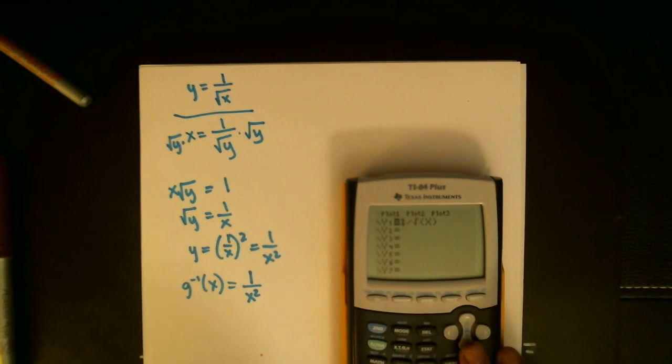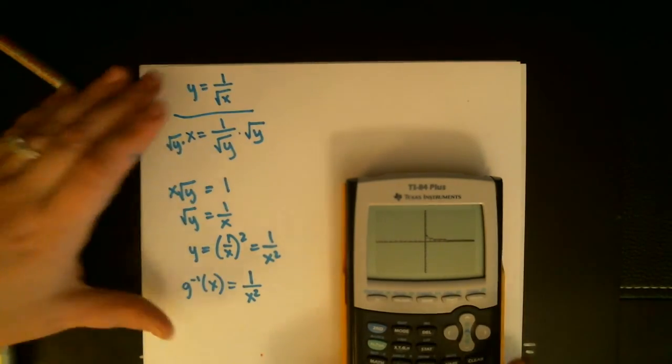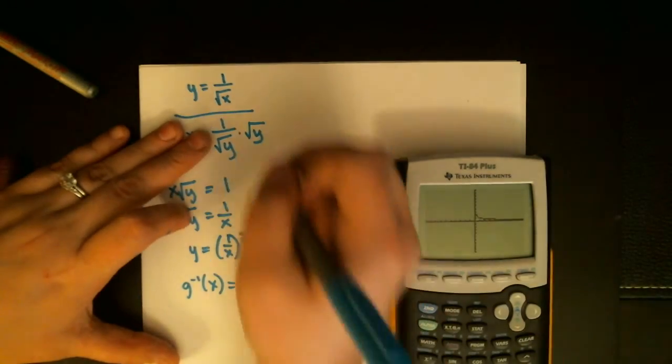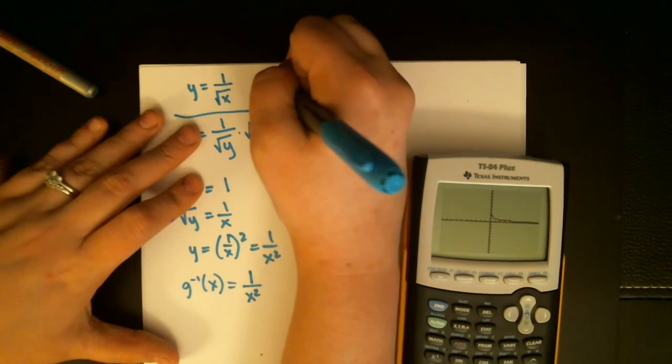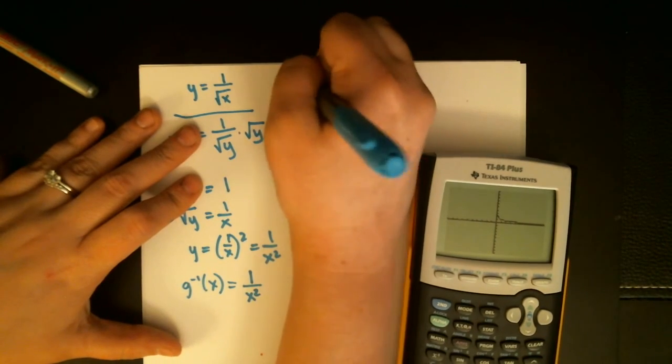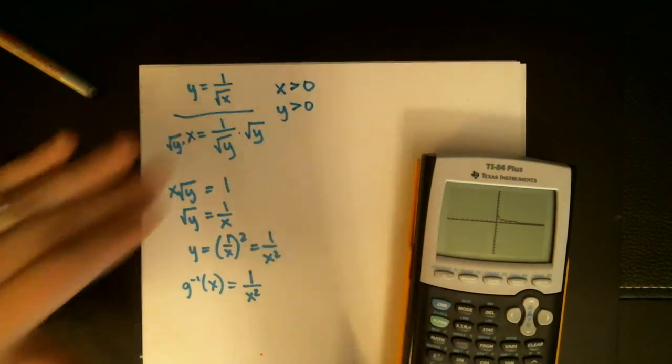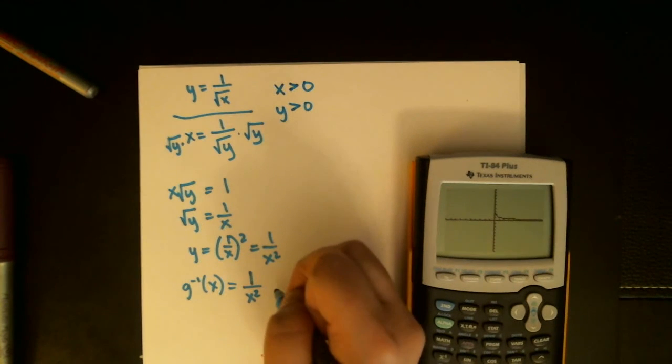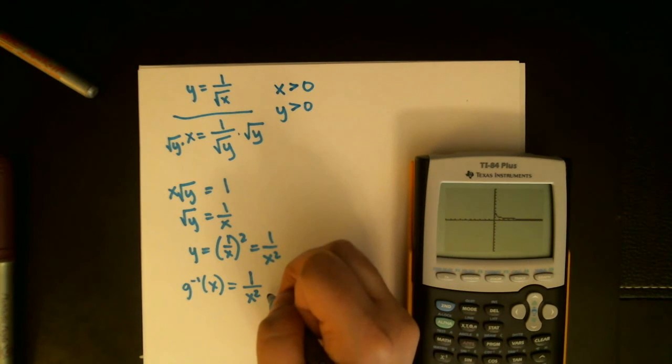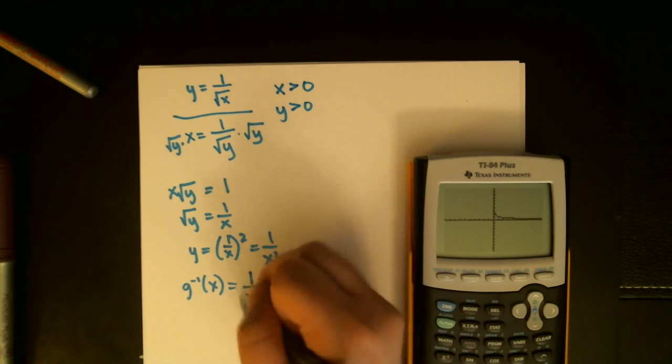If we put in y equals 1 over x squared, well, here, I think I have maybe an even simpler way to say this. So notice that for the original function, x had to be greater than 0, and y also was always greater than 0, which means down here, we need to make sure we are always going to get outputs greater than 0.